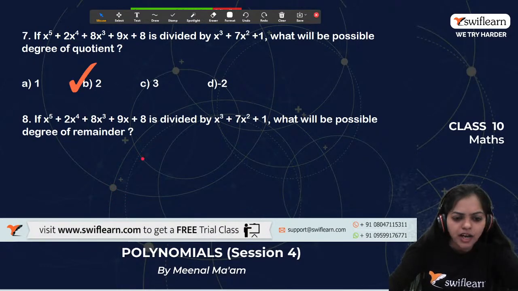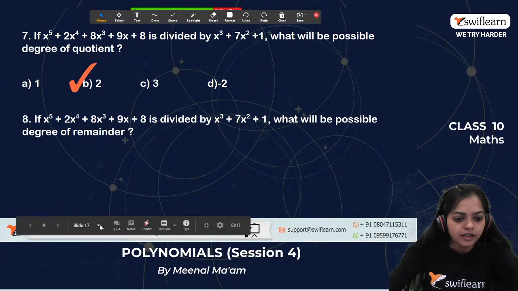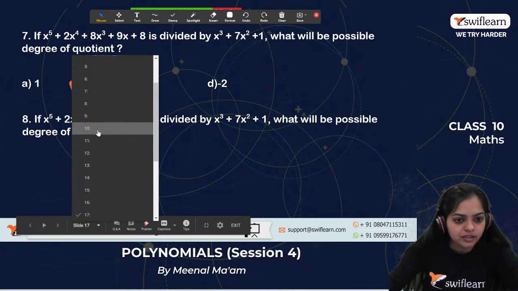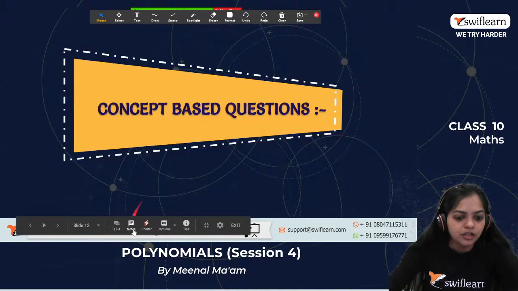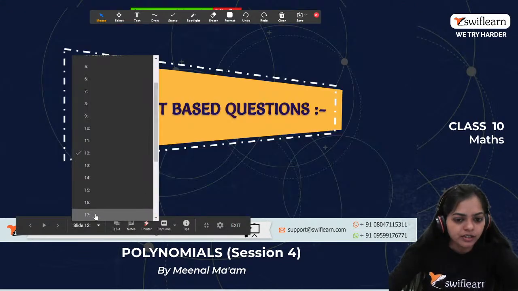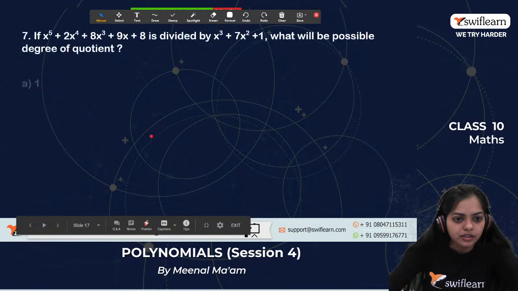I think you all remember the note that I discussed in the starting, so let's revise that note. The note is: remainder is equal to 0 or degree of remainder is always less than the degree of g(x), that is the divisor. So let's have a look over the question that we are going to discuss.